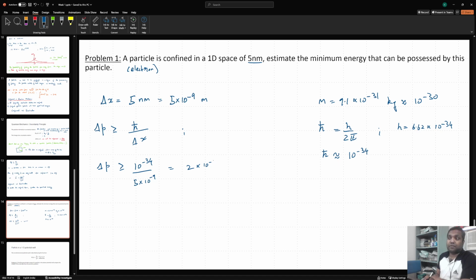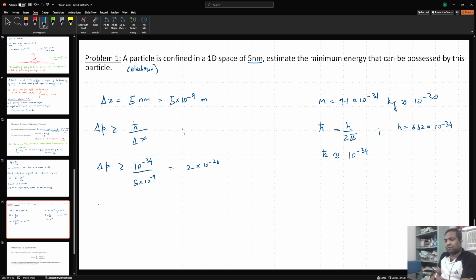Wait, no. It is 10 to the power minus 26, I suppose. This is 10 into 10 to the power minus 35, yes. Apologies. So 26 is the value of delta p.